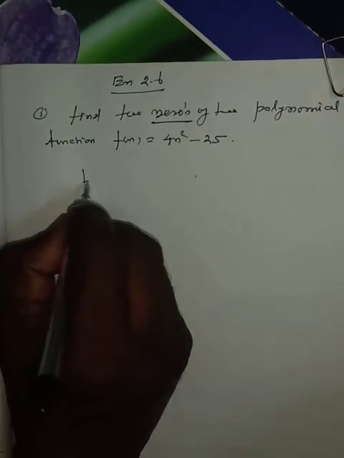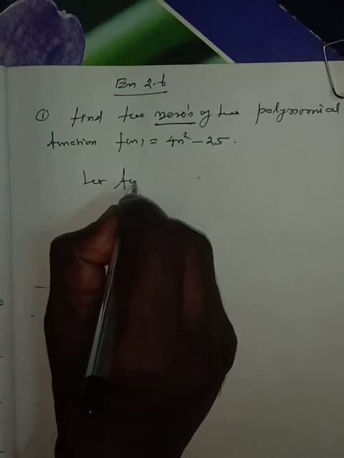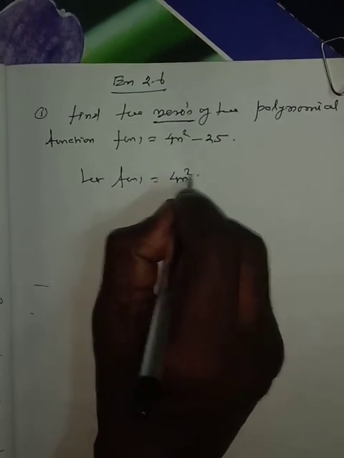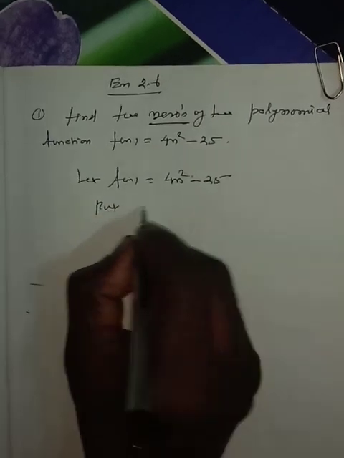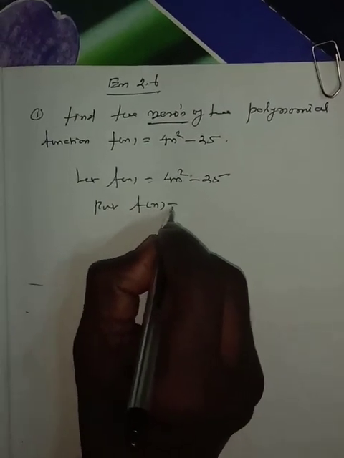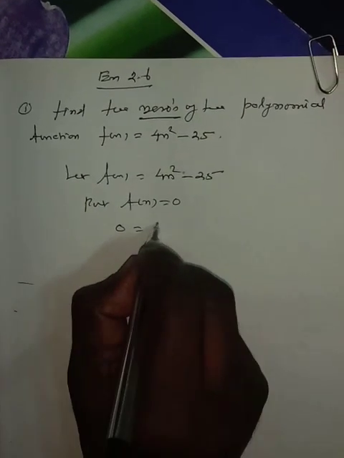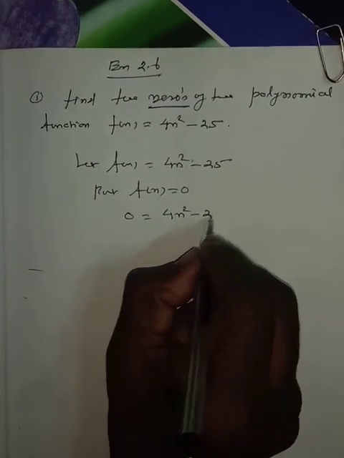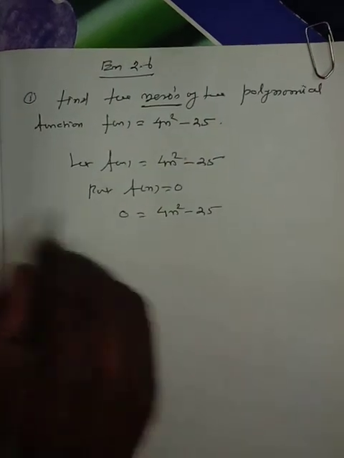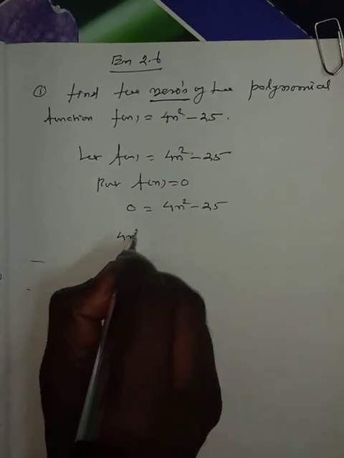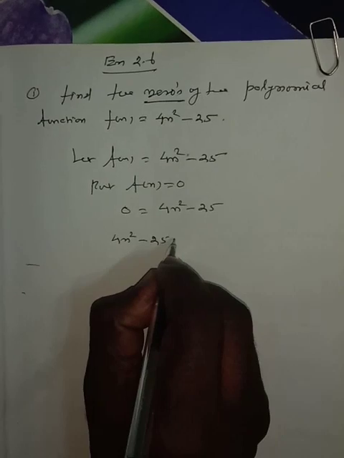Okay. Let f of x is equal to 4x square minus 25. Put f of x is equal to 0. Zeros function means f of x equal to 0. So 0 is equal to 4x square minus 25. Next line, 4x square minus 25 is equal to 0.